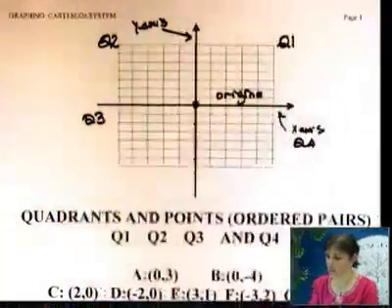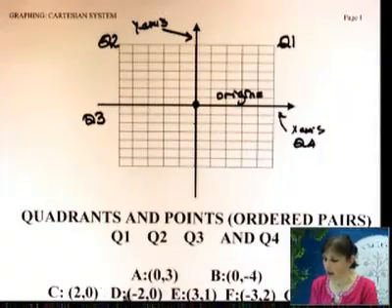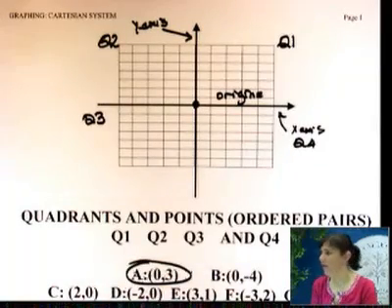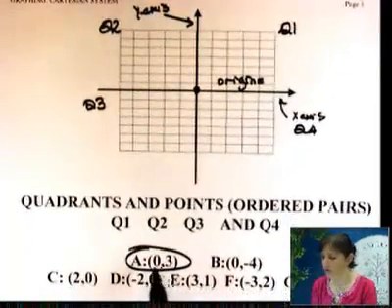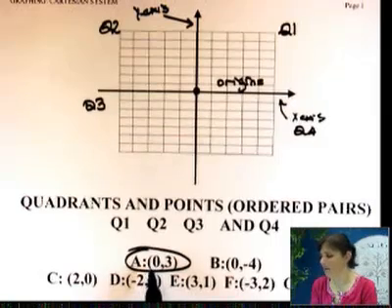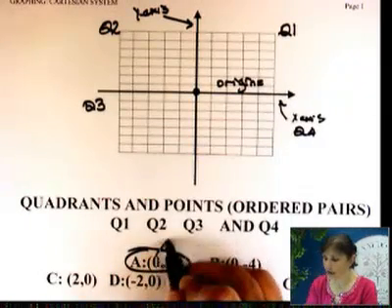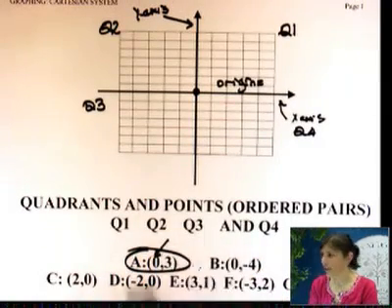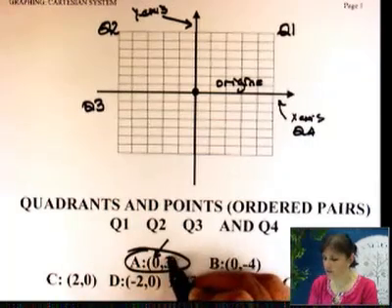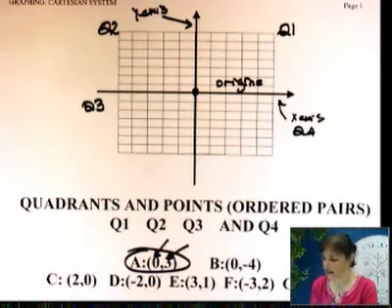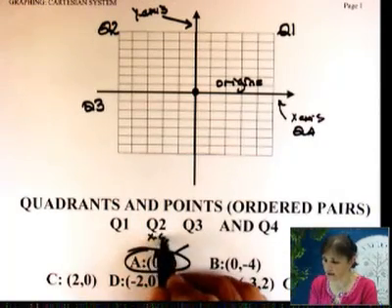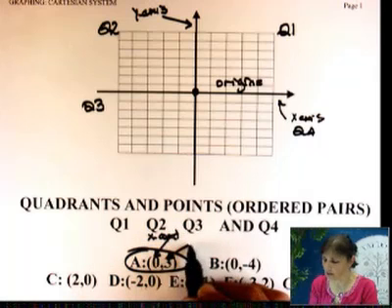1, 2, 3, 4. Now, if we are talking about a point, we show it with what we call an ordered pair. This one is the address for the x-coordinate, and this one is the address for the y-coordinate.